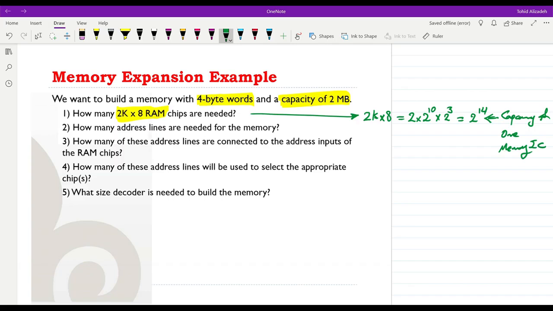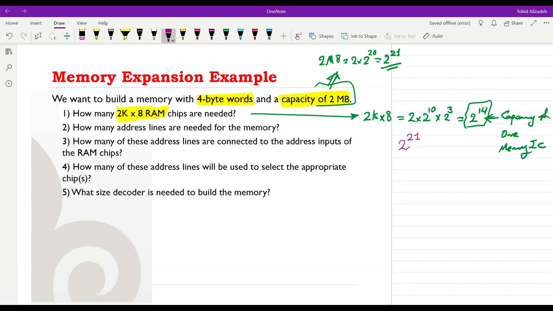And now we want to have the capacity of 2 megabytes. The capacity that we want to have is 2 megabits. I'm sorry, it's 2 megabits indeed. So we have 2 times 2 to the power of 20, which is 2 to the power of 21. So this is what we want to have, and this is what we have from a single memory IC. So the number of the chips that we want to have could be obtained by dividing these two with each other.